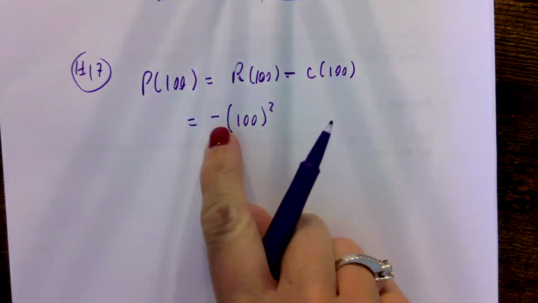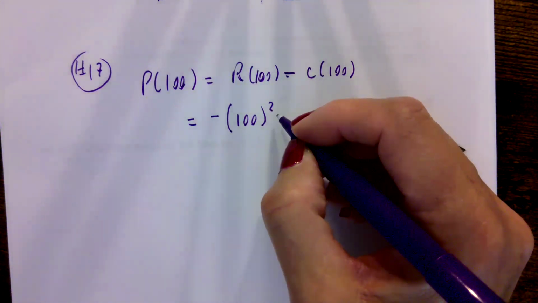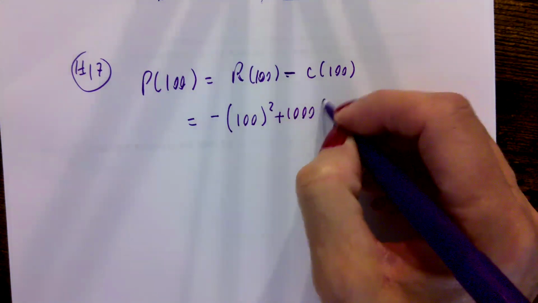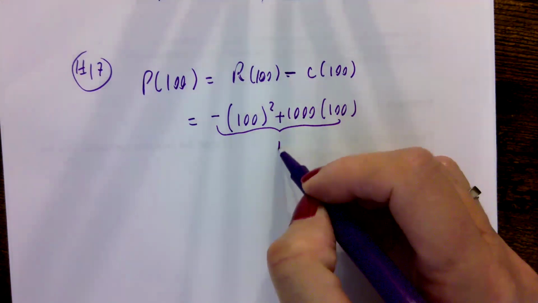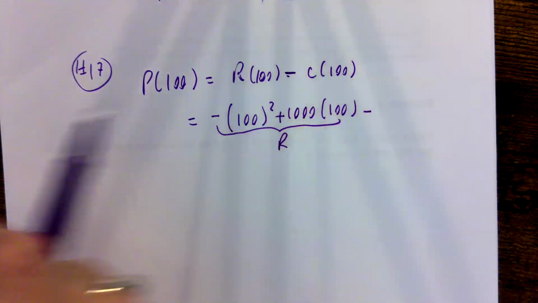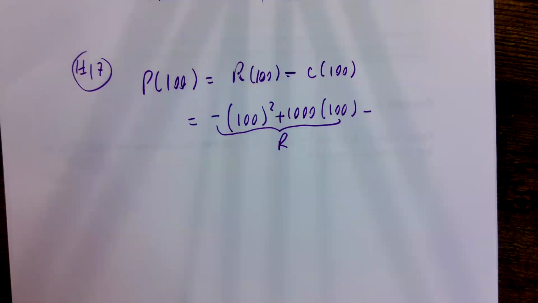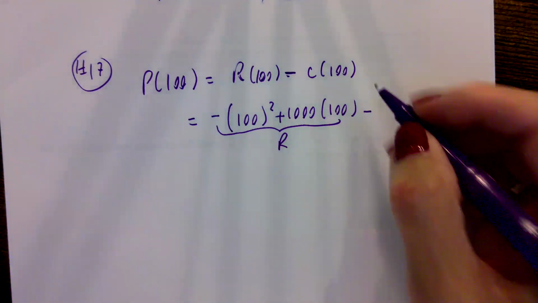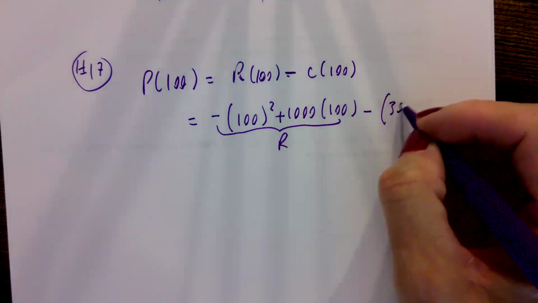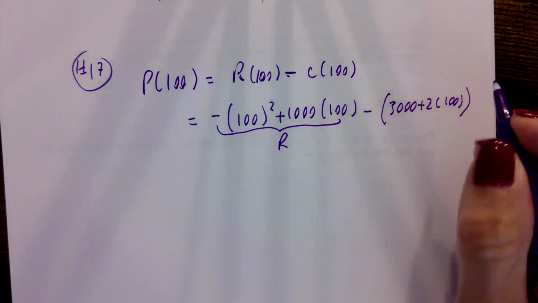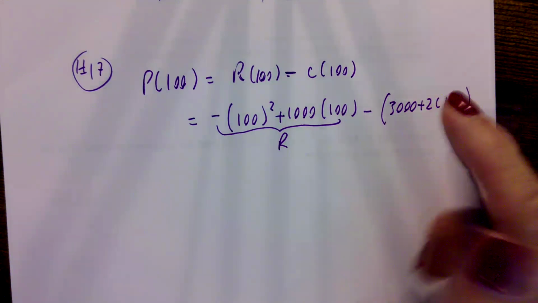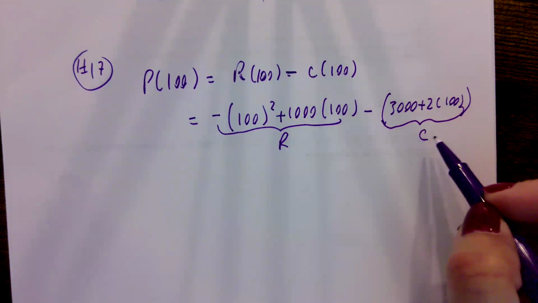Make sure we're taking a negative of that because it's negative X. We're not squaring the negative. Plus 1,000 times 100. This is the R function. Subtracting the cost function, which is 3,000 plus 2 times 100. That's the cost function.